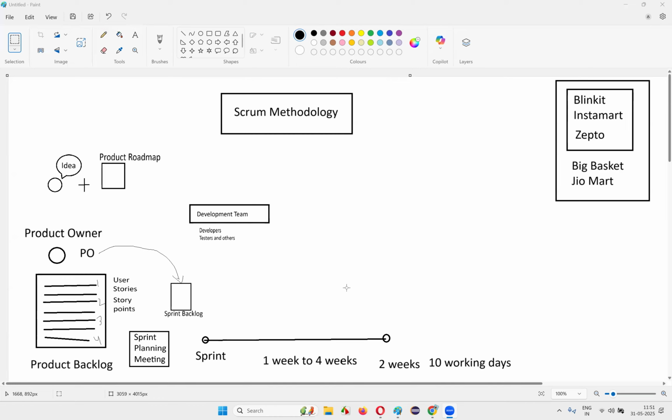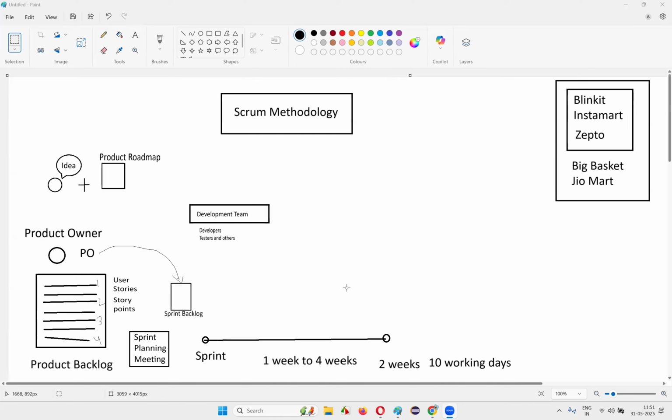To overcome that kind of problem, this meeting, known as the sprint planning meeting, will be conducted, where the product owner and development team will sit together and decide the stories. Both need to go with an agreement. You are saying something, I'm also saying something. If both agree, then you assign the stories to the sprint.